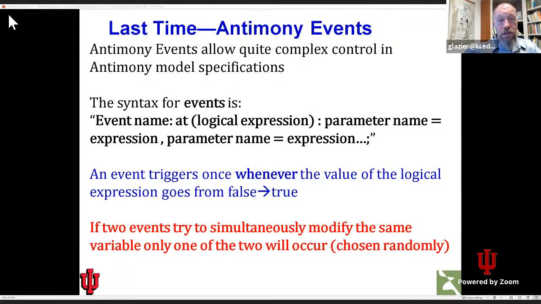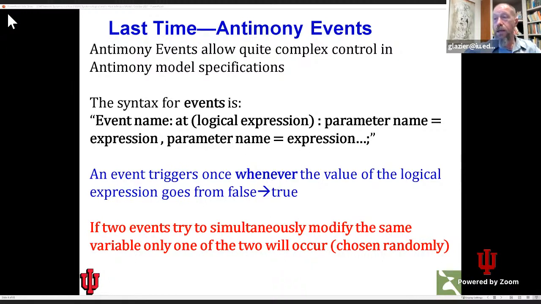And then something that is changed, either a parameter value or variable value. And the key concept with an event, less of an issue with time if it only becomes true once, is that the event triggers every time the value of the logical expression goes from false to true. And so if you have something that's cyclical, the event will trigger multiple times.